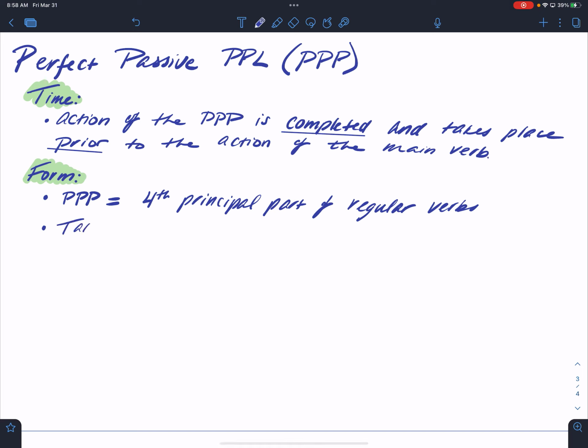If you take away the US or the UM ending of the fourth principal part, you get the stem.